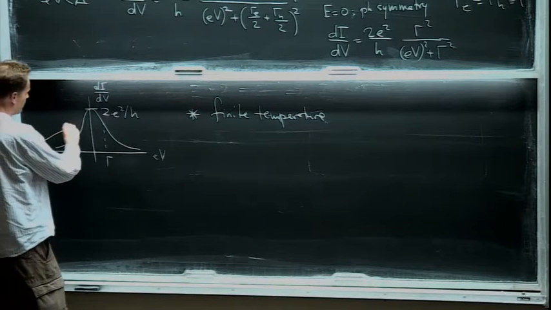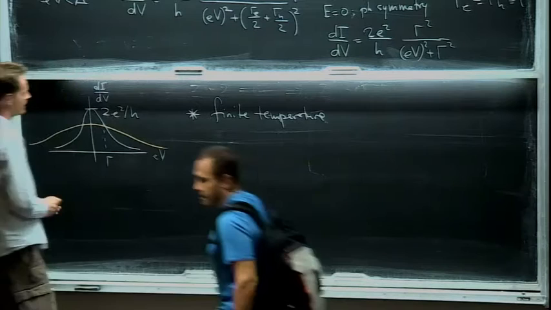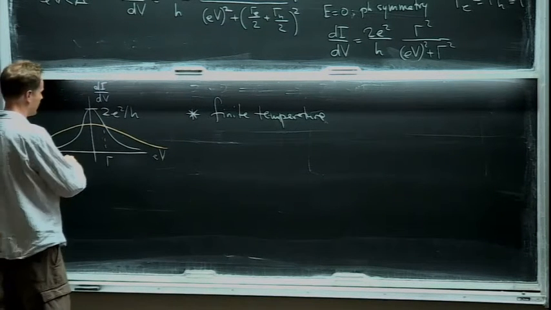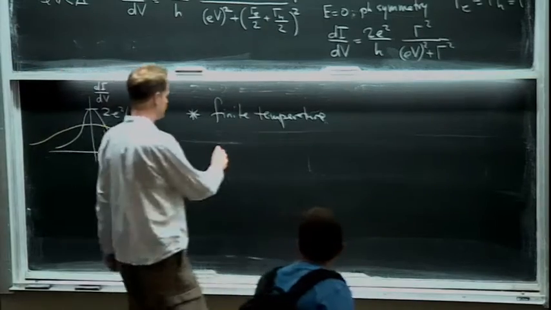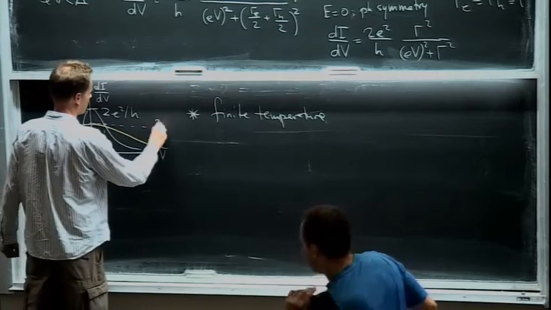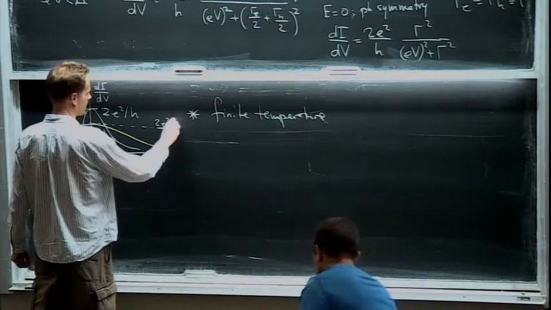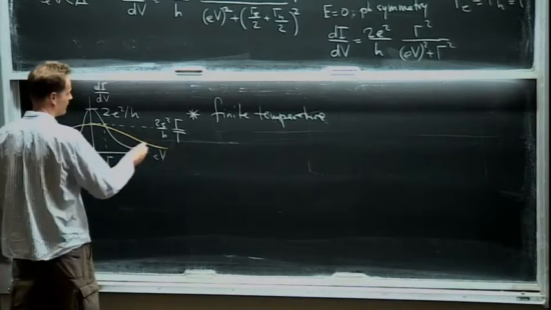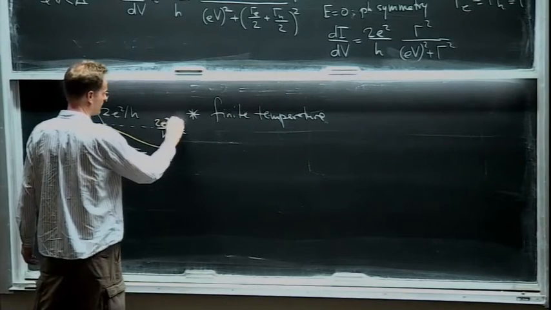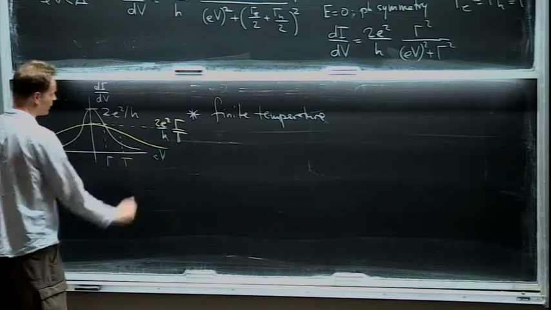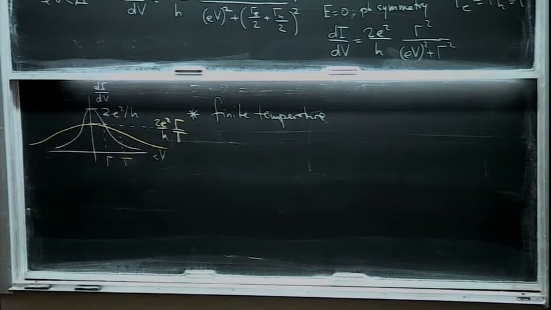So we have a broader peak, and correspondingly the height is reduced. This is 2e squared over h times gamma over T. Maybe I should have drawn it in this color. And the width is now controlled by temperature and no longer by gamma. So that's the simplest thing that can happen.